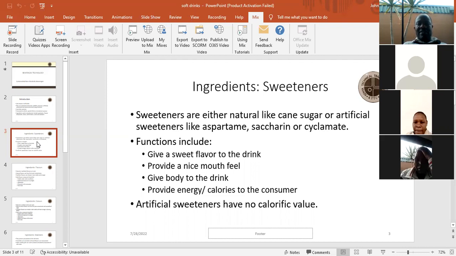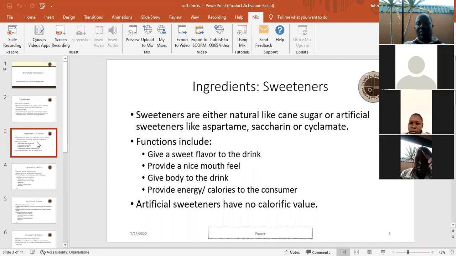These artificial sweeteners of late have gained a lot of fame, and they have been in use in most of the drinks, especially for people who are very conscious about their weight or their health, because they do not give a lot of energy, unlike the sugar from the cane.